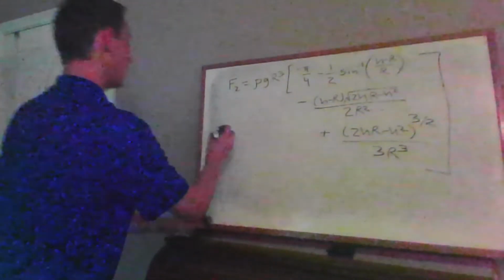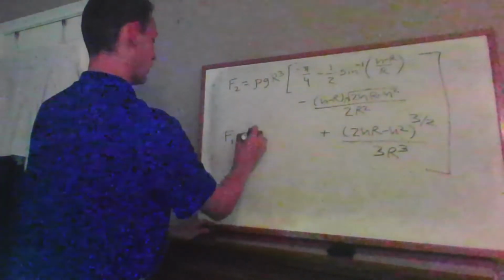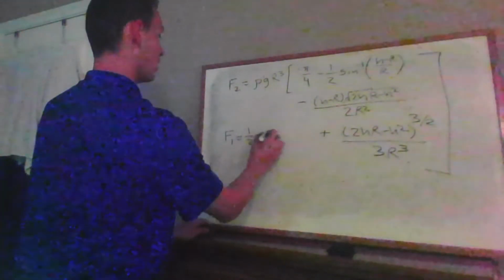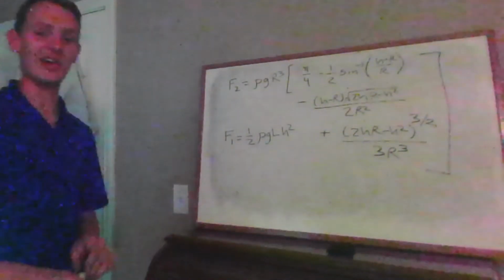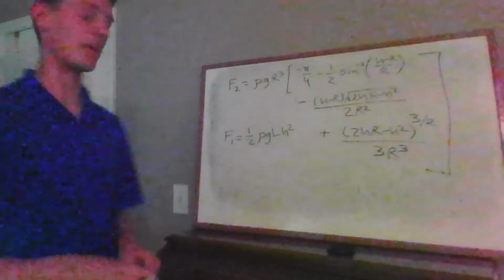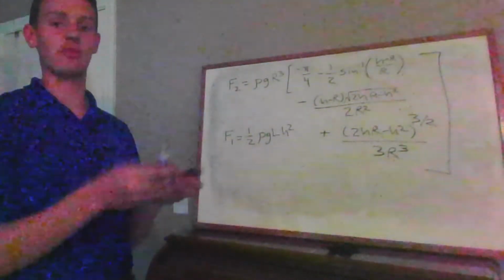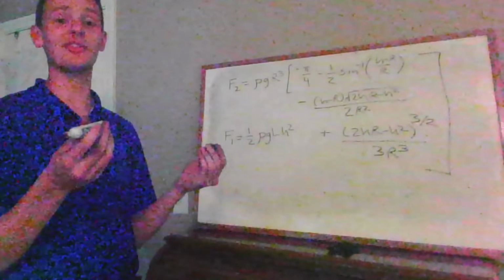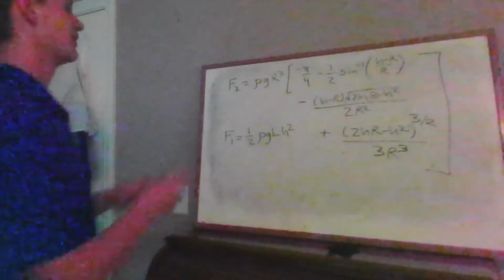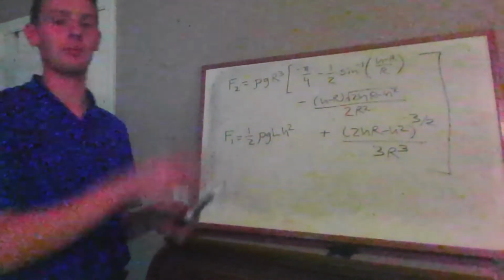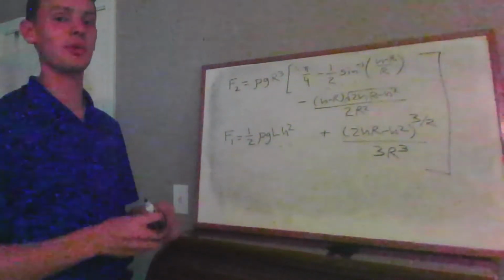By comparison, earlier in the video, F sub 1, I believe, was 1/2 rho g L h squared. So this was much simpler, where we had that imaginary plane down the middle that we used with that rectangle that allowed all of our forces that we added up to be horizontal, which is amazing. Whereas this, we had a much different profile in which we were changing our heights and thus changing our pressures.